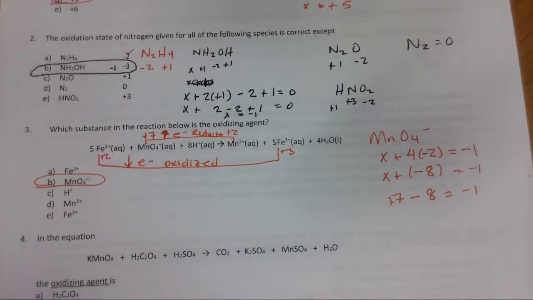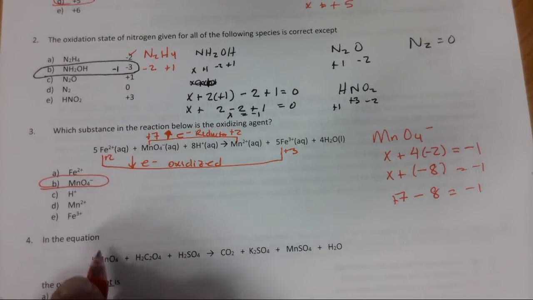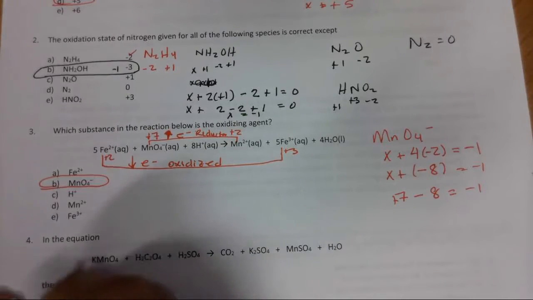Okay. In this equation right here, we've got this long equation, and we want to know the oxidizing agent, right? Okay, well, we just did this MnO4. Now this is a +1. So what do we have here?